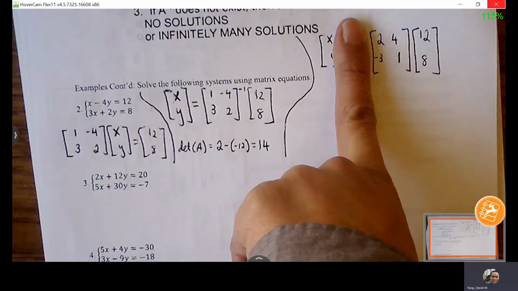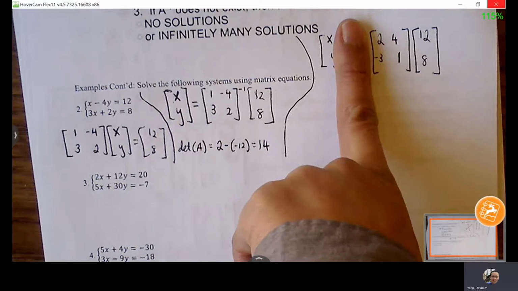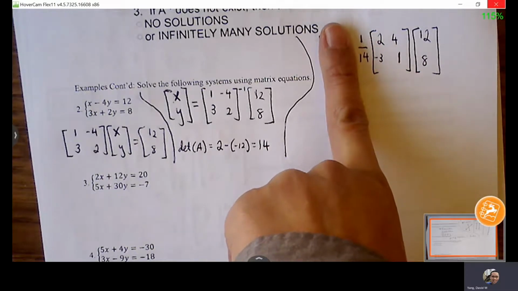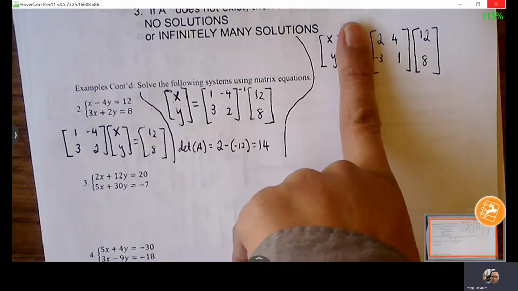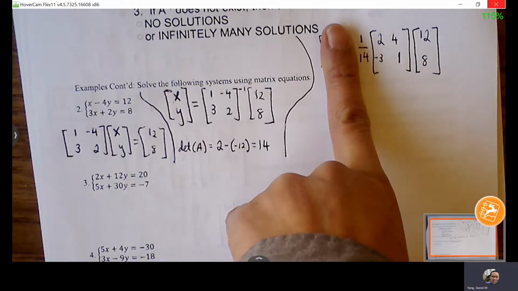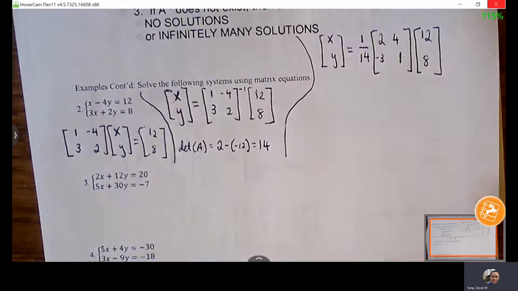Do the 2x2 and 2x1 multiplication. That way you can avoid the fraction until the very end. Otherwise, if you multiply the 1/14 through, you're dealing with fractions and it's just messier to work with. So get that 2x2 and 2x1 matrix to multiply out, and then at the very end, you can distribute that 1/14 through.